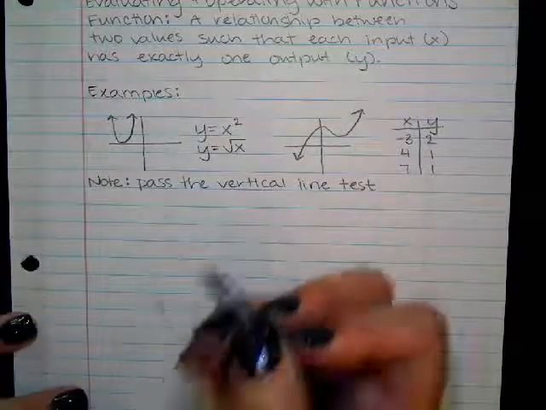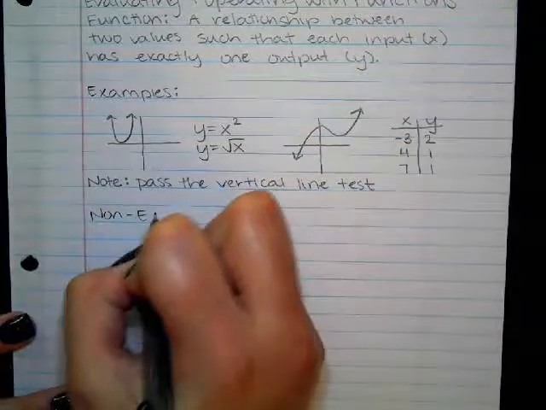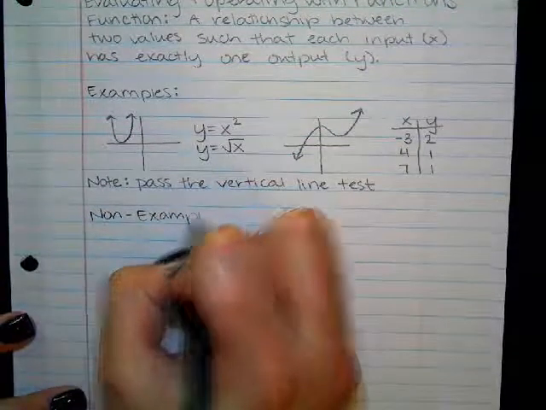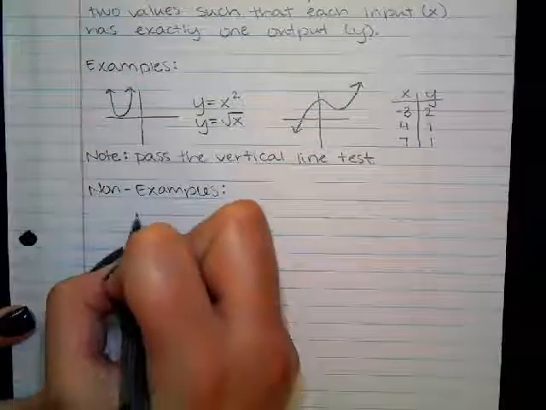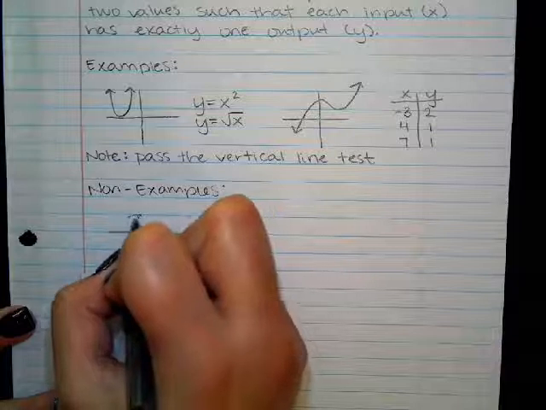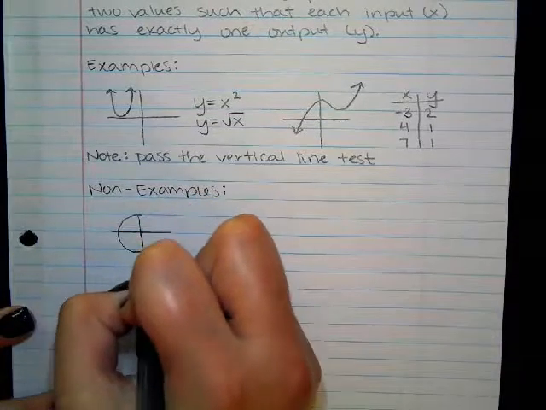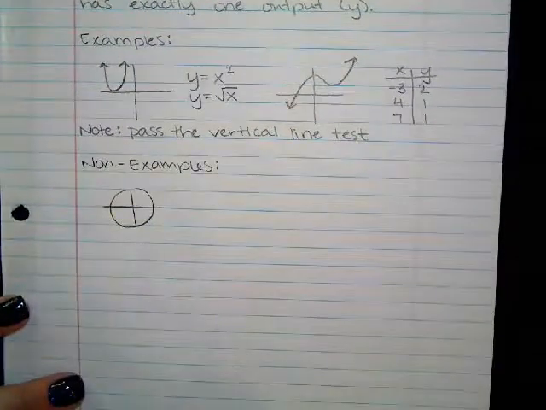All right, some non-examples. Here is a non-example for you. We have a perfect circle. Let's see if I can kind of draw it that way. There's a perfect circle. That is not a function.